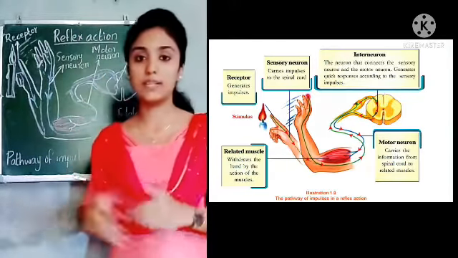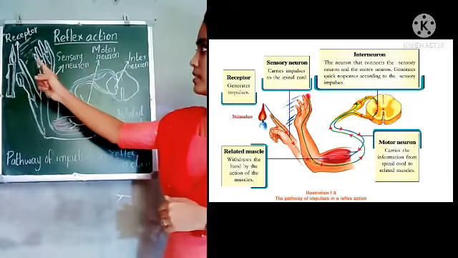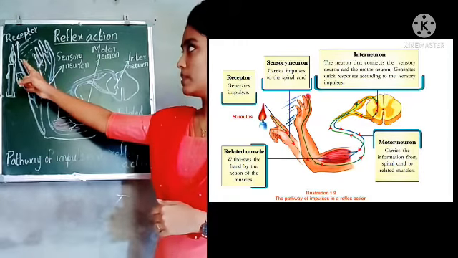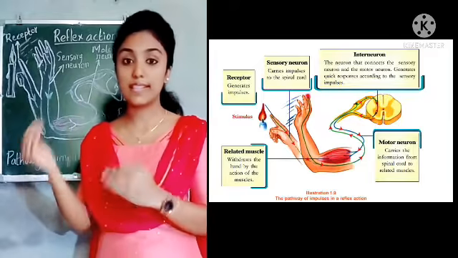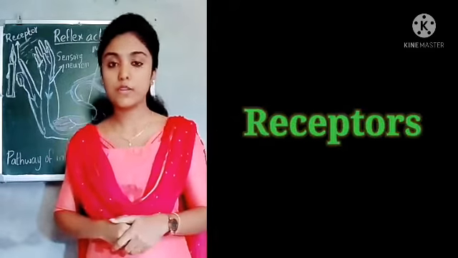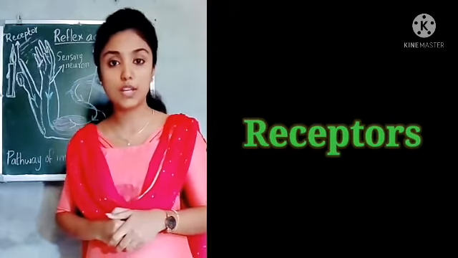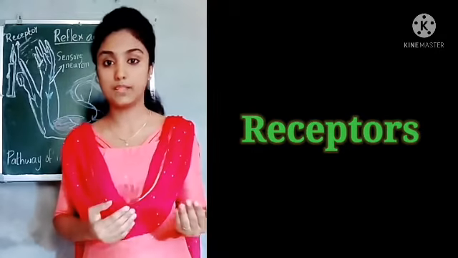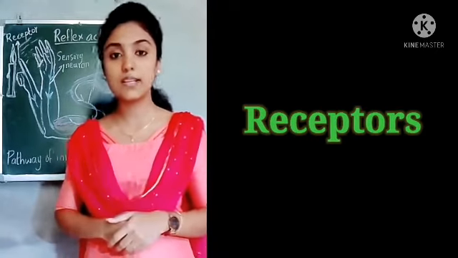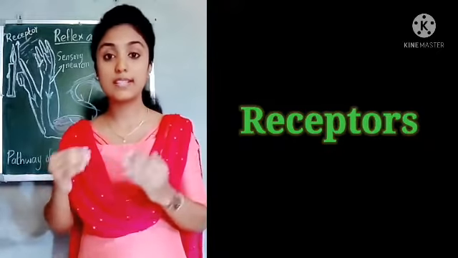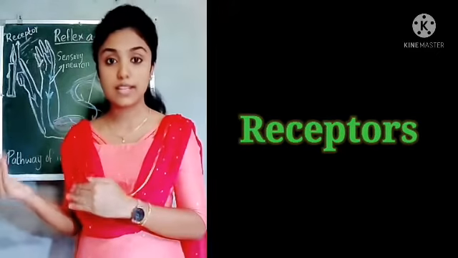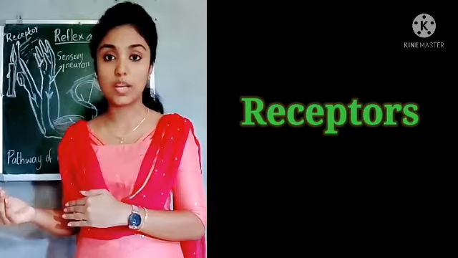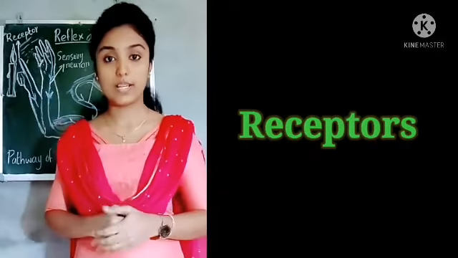So how does it happen? At the fingertip there are certain specialized cells called receptors, which you have already studied in the beginning of this chapter. What are receptors? Receptors are specialized cells present in our sense organs and other parts of the body that receive stimulus.